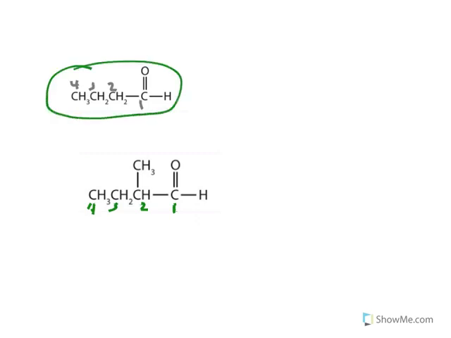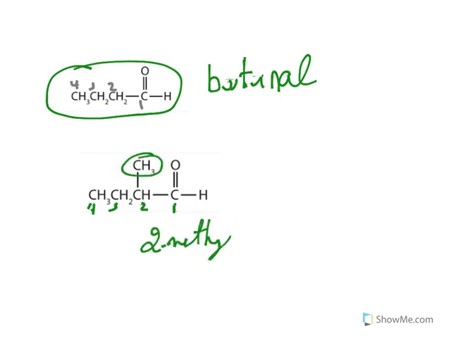There are no substitutions in this one, so we simply say butanal. For this one, I have a substitution on carbon number 2. I say 2-methylbutanal. Some more examples on the next slide.